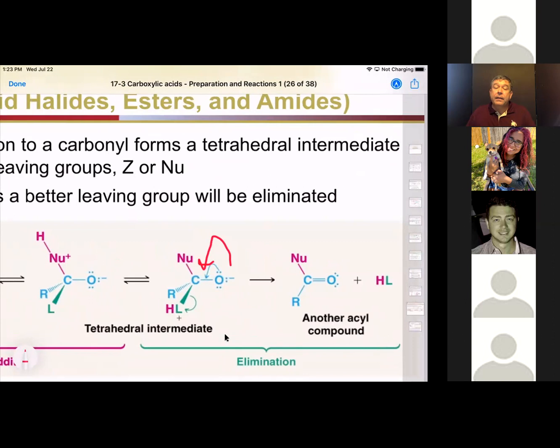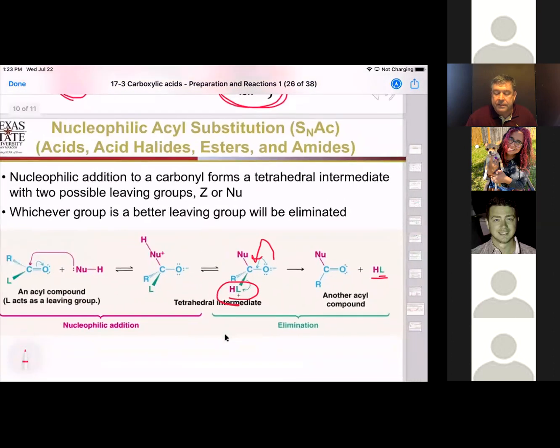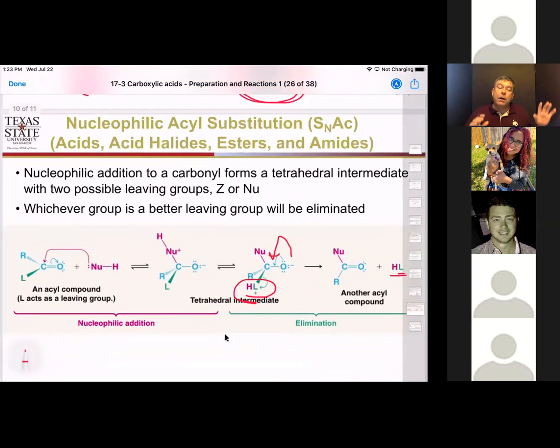And when it can leave that way, either as a protonated neutral species or even as a halide, it will allow the reformation of the carbonyl. So this is a little bit different than what we saw with the aldehydes and ketones. We're actually looking for a lot of these reactions to have substitutions, not elimination, not be addition reactions.